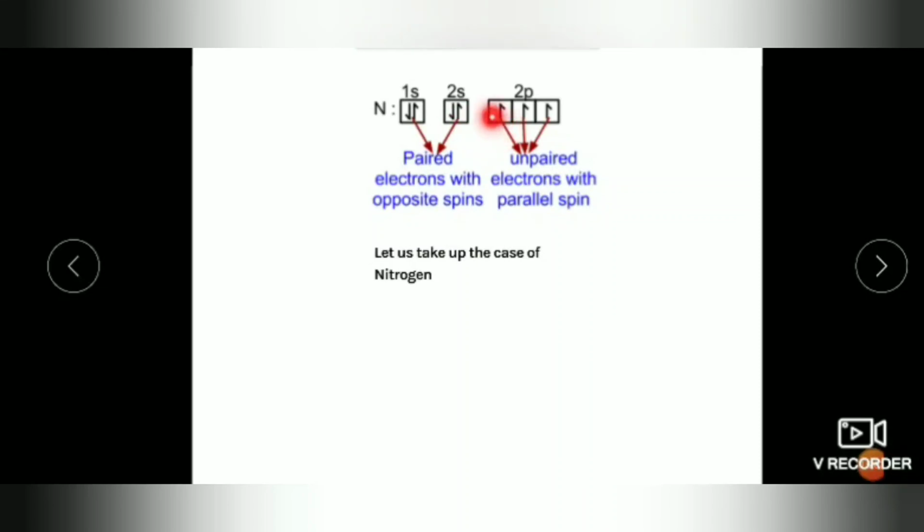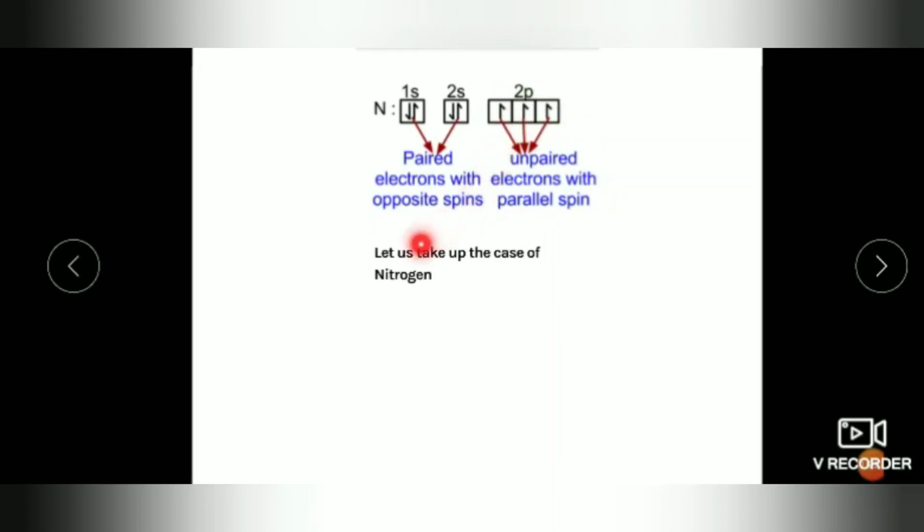In the 2s orbital, first you fill 2 electrons, plus half and minus half. Next you fill the 2p orbitals with 1 electron each, because according to Hund's rule we fill each orbital with 1 electron first, and then pair them up.